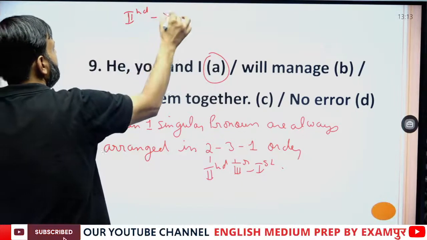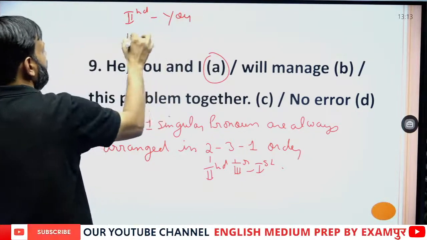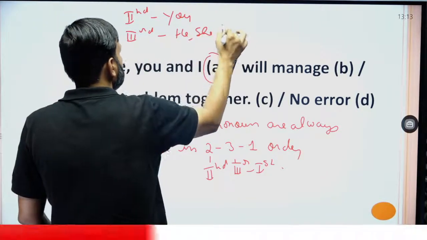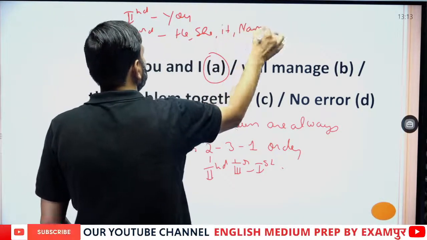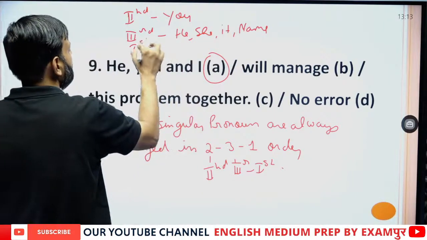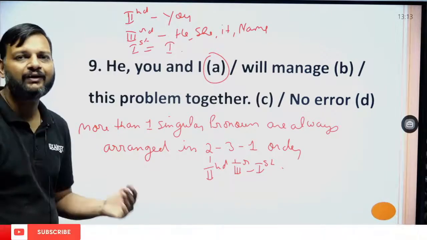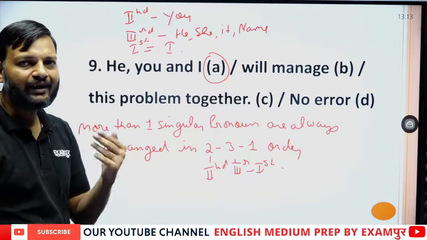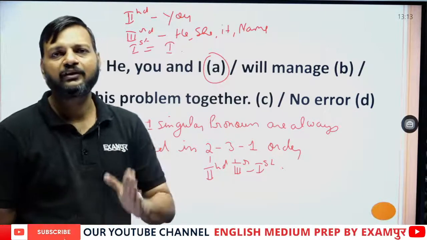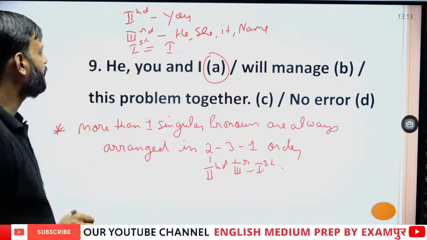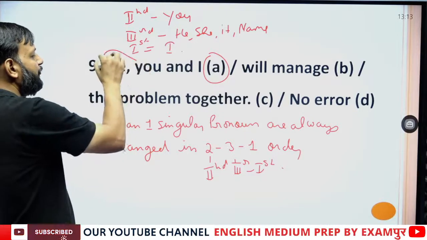Second person is you, third person is he, she, it or any name, and first person is I. So here the order of pronoun is wrong, because second person should come before third person.